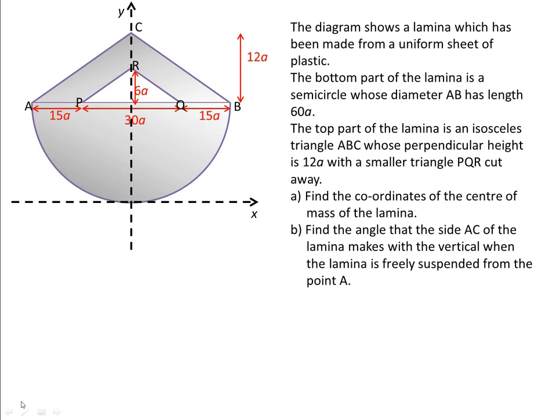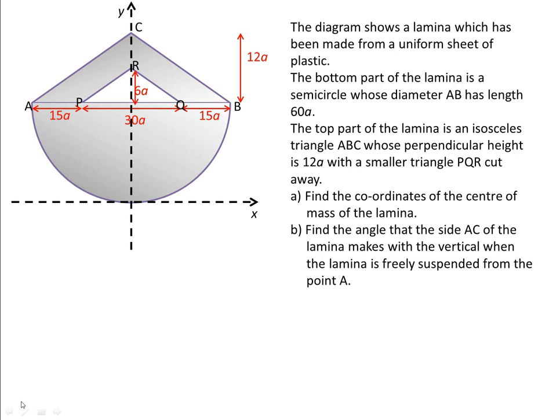The top part of the laminar is an isosceles triangle ABC whose perpendicular height is 12a, and from that isosceles triangle a smaller triangle PQR has been cut away, and we can see that PQR has a base of 30a and a height of 6a.